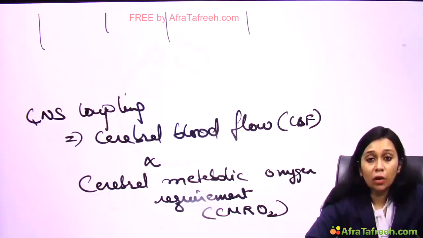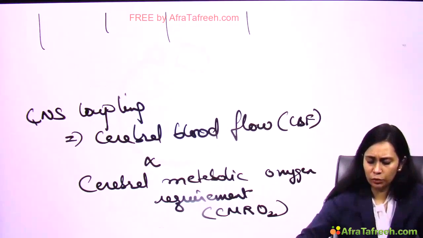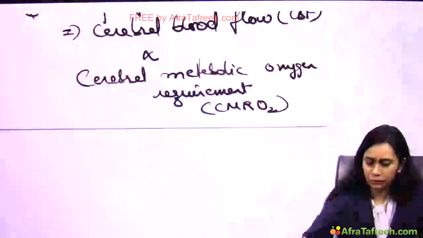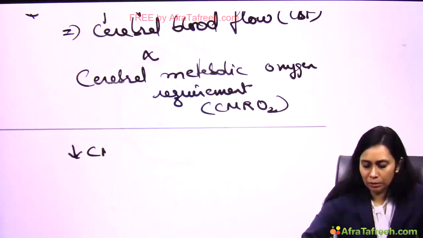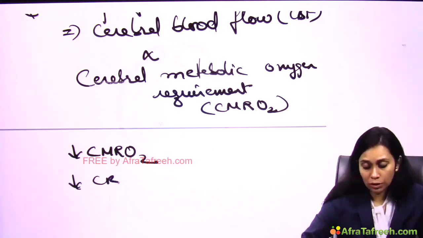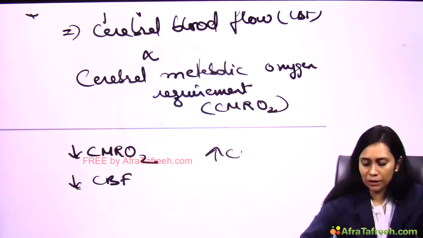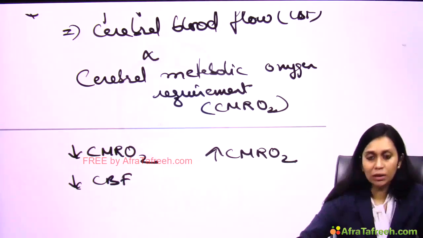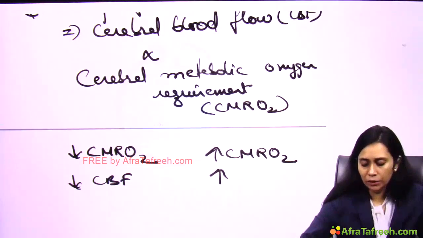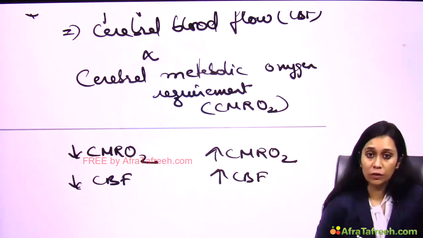This is called CNS coupling. Any clinical condition which would decrease cerebral metabolic oxygen requirement, cerebral blood flow should, as a rule of coupling, decrease. And if CMRO2, that is cerebral metabolic oxygen requirement, increases, cerebral blood flow increases. This is a normal phenomenon which we observe.